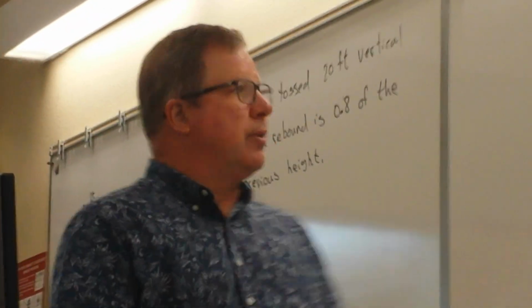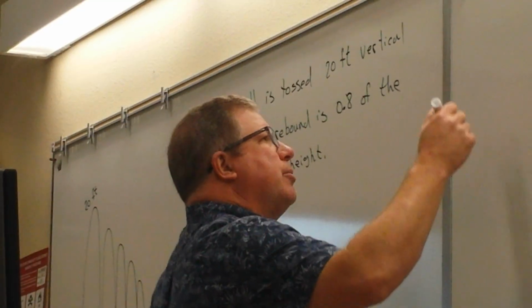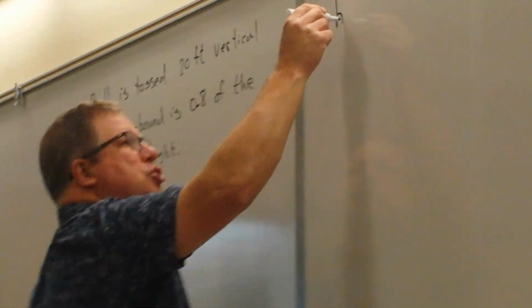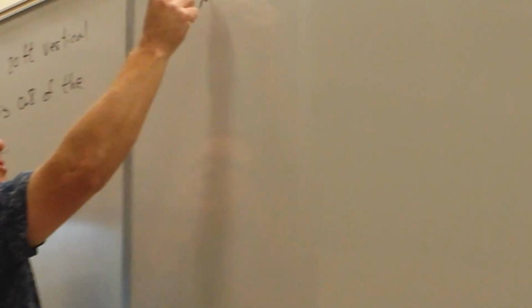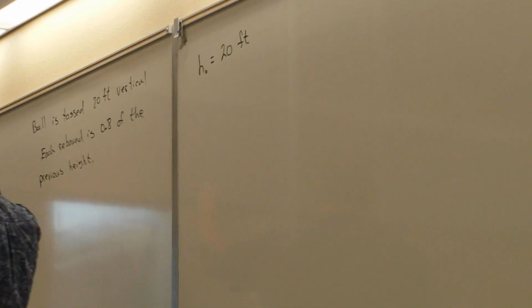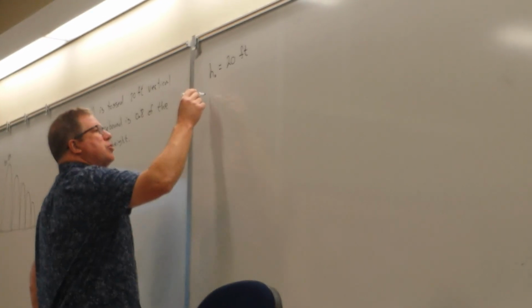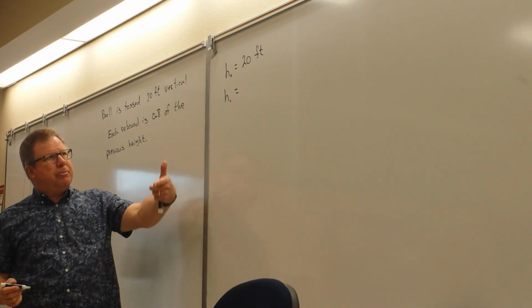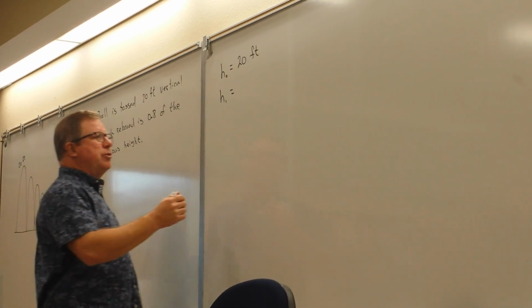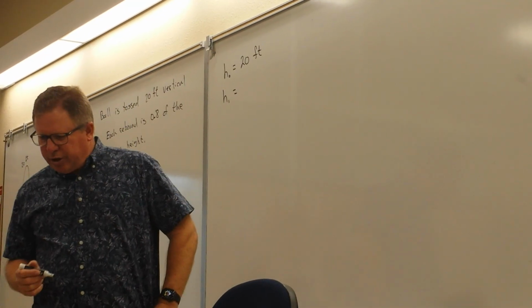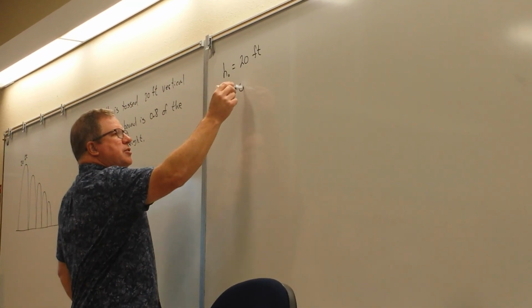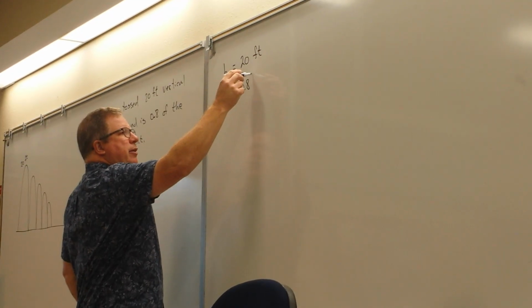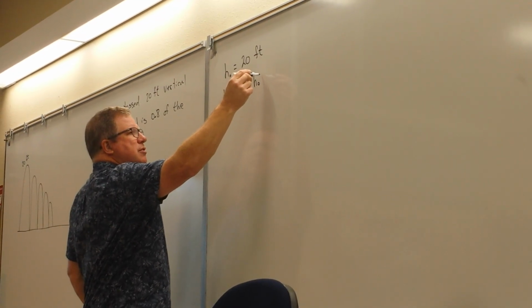So, h sub zero, sometimes read h naught, is 20 feet. That is the original toss. H sub 1, the first rebound, is going to be, let me write this the same way I got it in my notes, 0.8 times h naught.